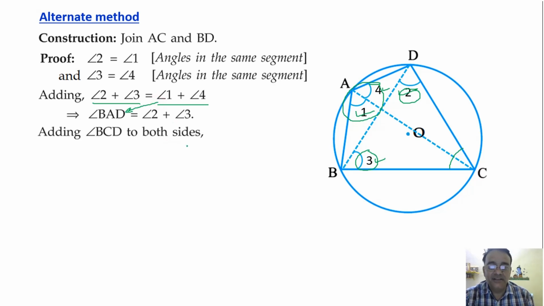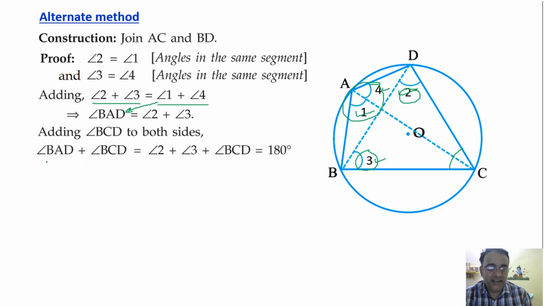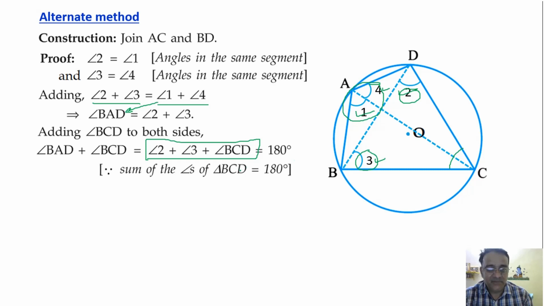Now we'll add angle BCD to both sides. So angle BAD plus angle BCD is equal to angle 2 plus angle 3 plus angle BCD, and this is equal to 180 degrees. Just now you told me the angle sum property of triangle, right?